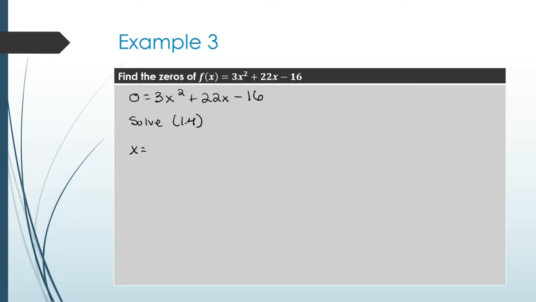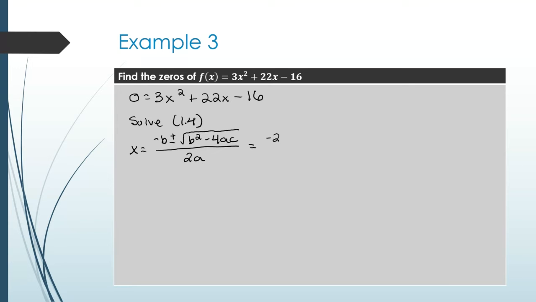So I have x equals negative b plus or minus the square root of b squared minus 4ac all over 2a. So that's the quadratic formula. I'm going to rewrite my square root. And now we are going to plug in our actual numbers. So b is the middle term, 22.